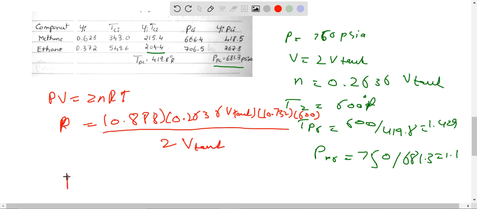So the total pressure we have is 753.6 psia.